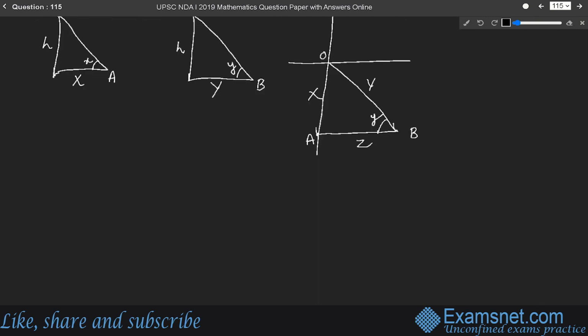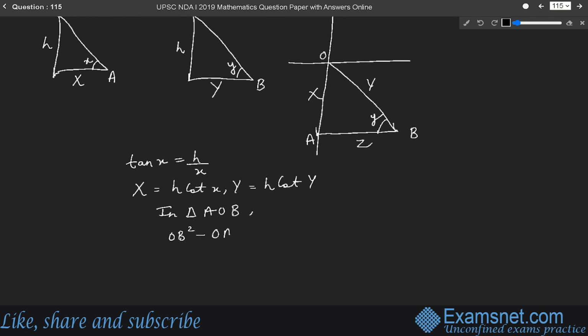Now, we know that tan x will be equal to h upon x. It means that x will be equal to h cot x, and similarly y will be equal to h cot y. Now in triangle AOB we have OB square minus OA square is equal to AB square.